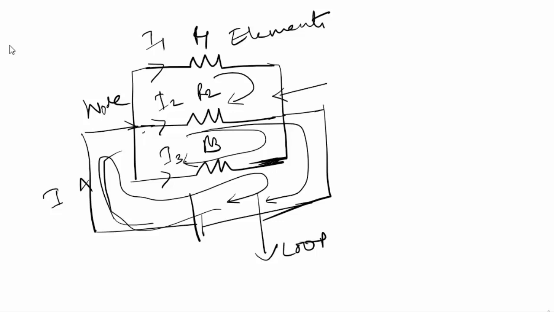What I am doing is that this is my voltage V. The current I has divided itself in such a way that I is equal to I1 plus I2 plus I3, and this is by applying the KCL.